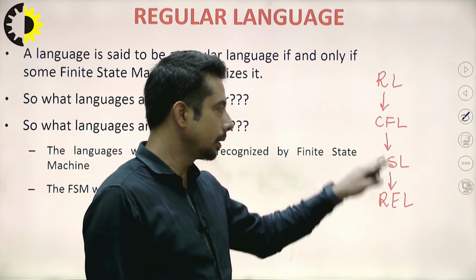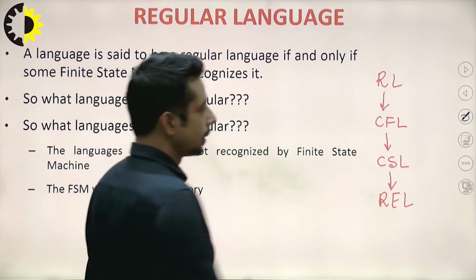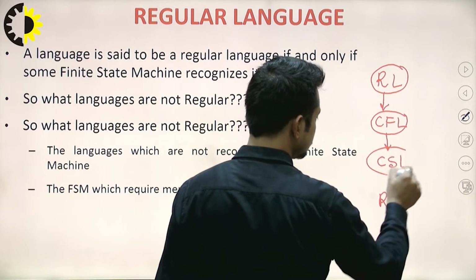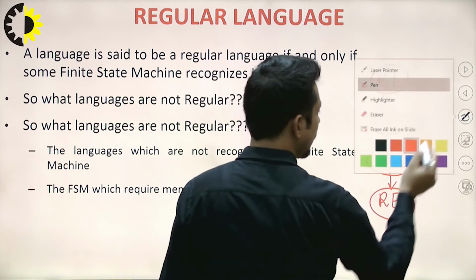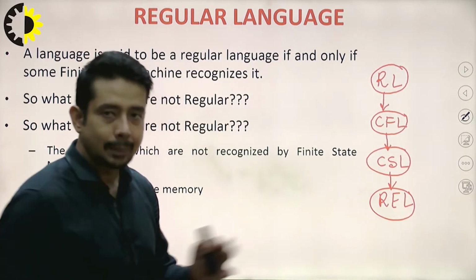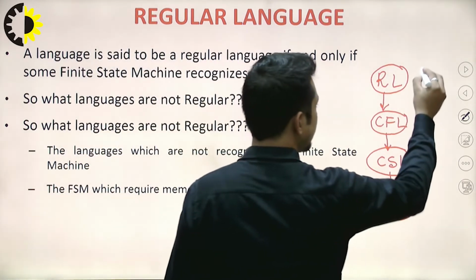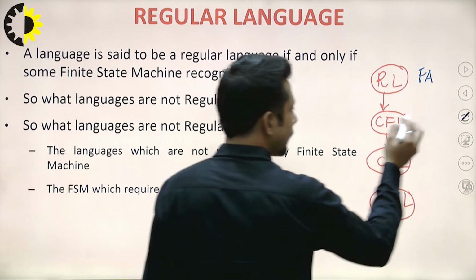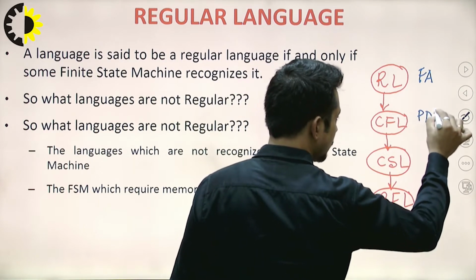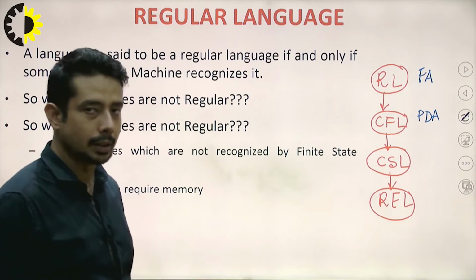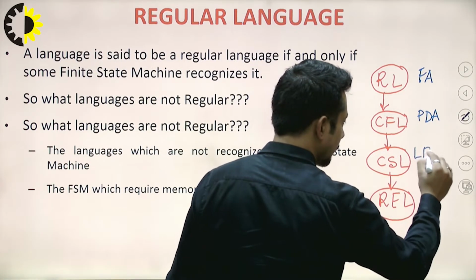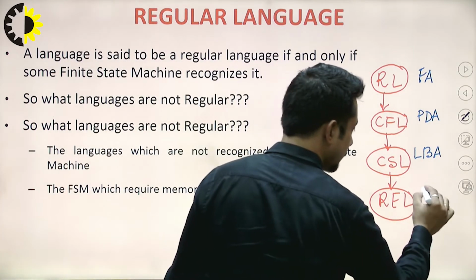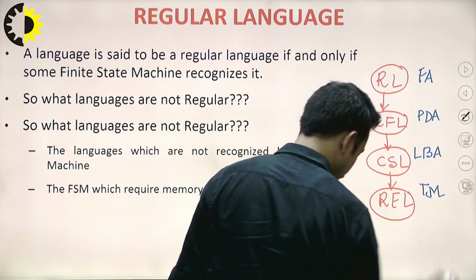If we look into these languages properly, we have some acceptors also, which we have learned: finite automata, which may be DFA, NFA, Mealy, Moore. CFL is accepted by pushdown automata, in short PDA. Here the acceptor is linear bounded automata, and finally the acceptor is the Turing machine, which is the most powerful machine.